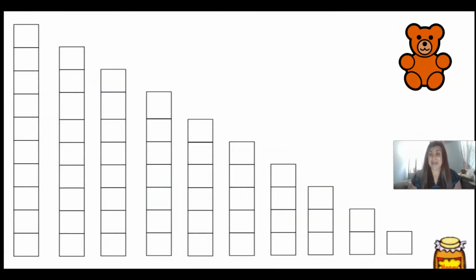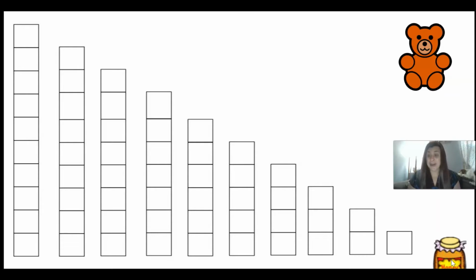My friend, the bear, is back with us today and is going to help us count from 10 to 1. He wants to get to this jar of honey. Bears love honey. Do you like honey? Maybe you like to have it on a peanut butter sandwich, or maybe you have it in yogurt, or maybe you just like to eat honey.